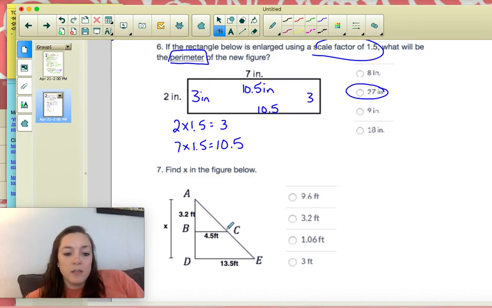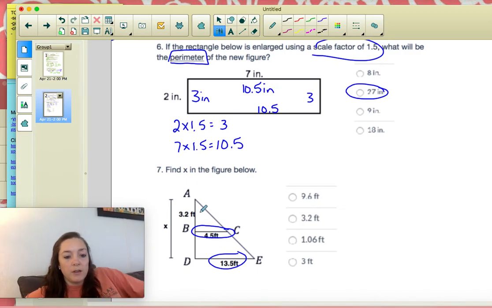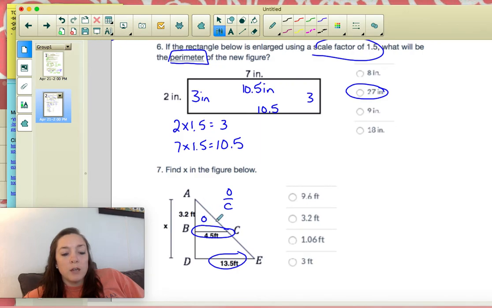And then the very last one, it wants to know x. So I know that these are corresponding parts. So I'm just going to figure out the ratio there. I'm going to do that method of original to the copy. So I'm going to say that the original is the small triangle and then the copy is this big triangle, okay? So the original length here is 4.5, the copy is 13.5, and then the original here, the small one, is 3.2, and the big one is x.